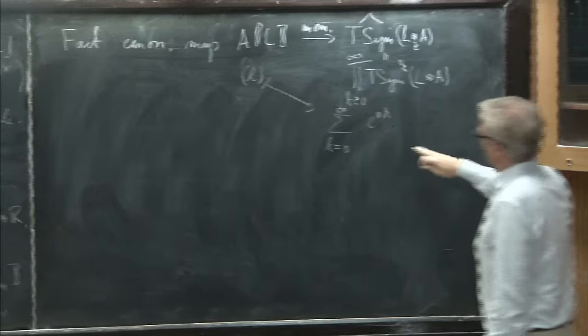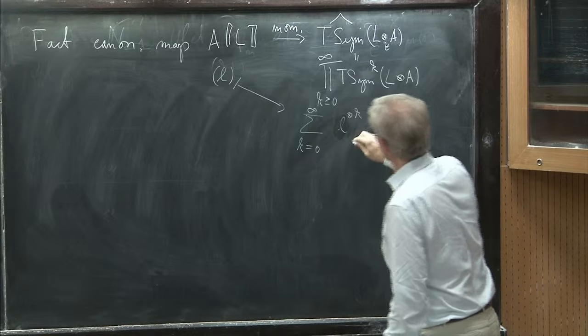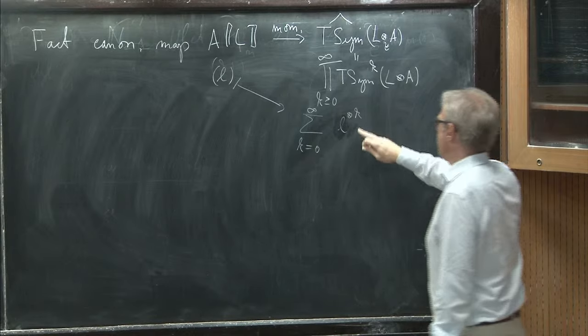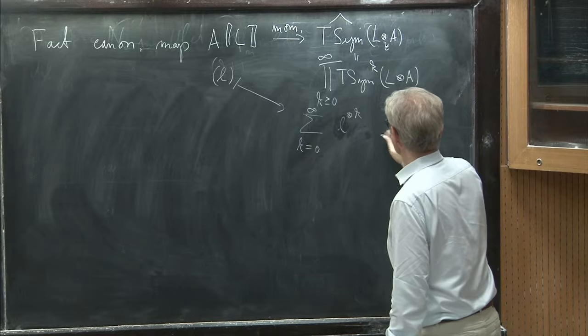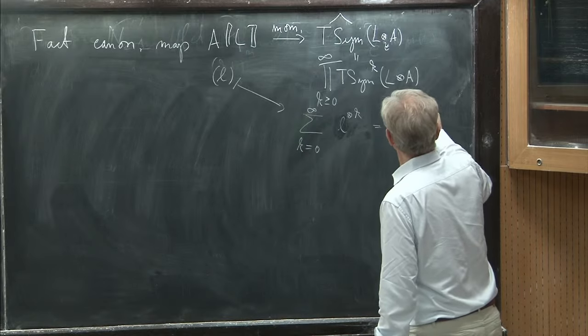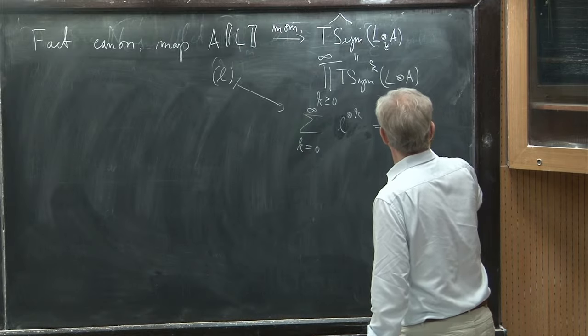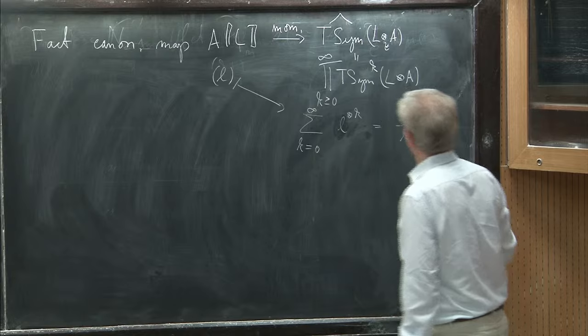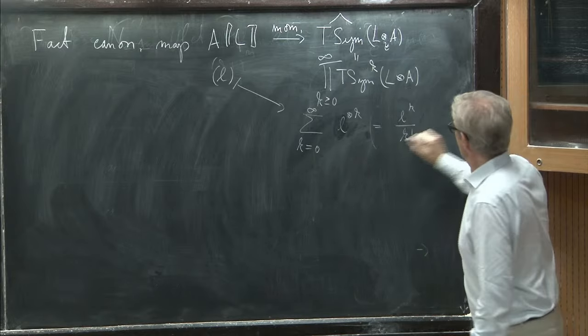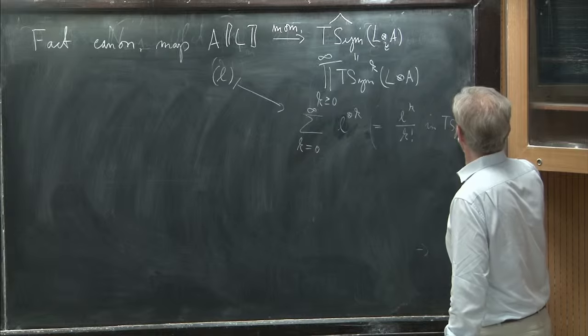And why do I call this the exponential series? Because this here is in fact, in this algebra, the kth power divided by k factorial. So in the tensor algebra.